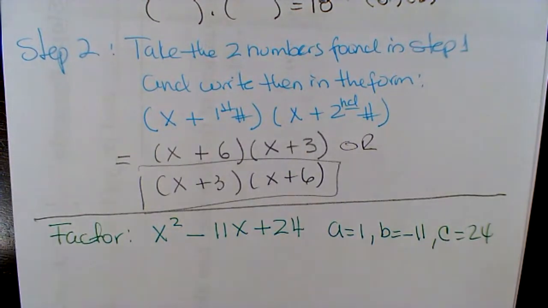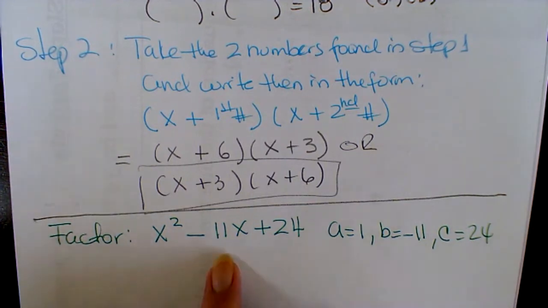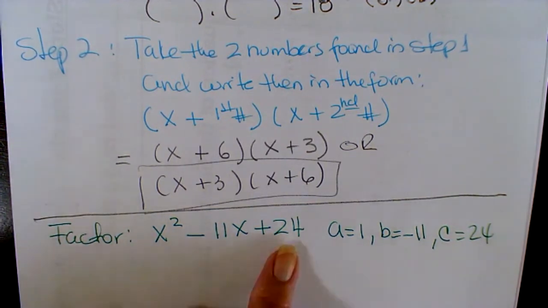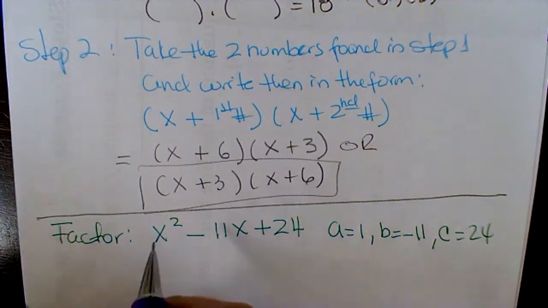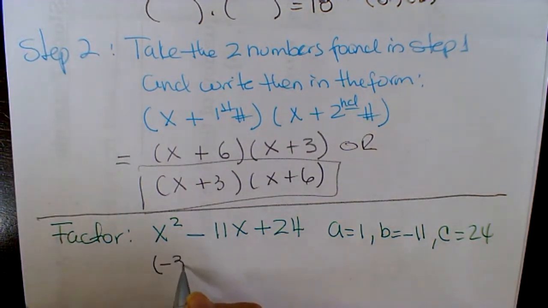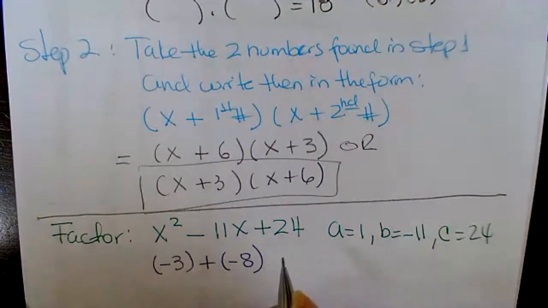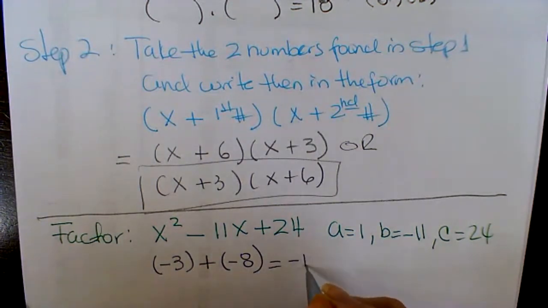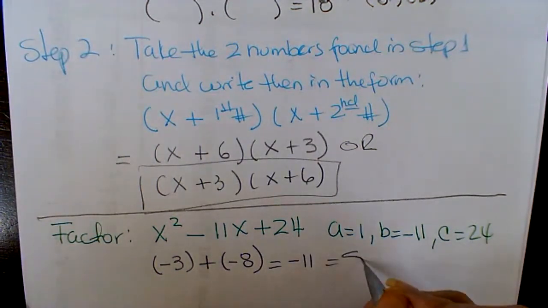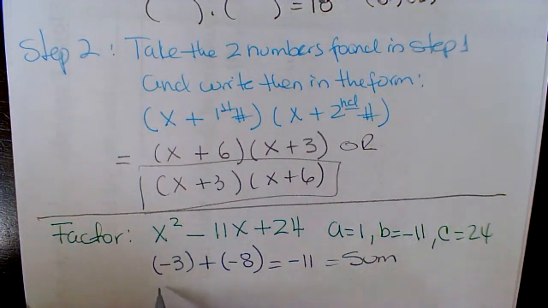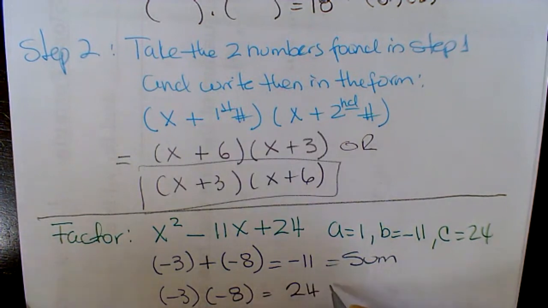So I need to find two numbers that when I add them, I get negative 11, and when I multiply them, I get 24. So that's going to be negative 3 plus negative 8. That will give me what? Negative 11, right? And this is the sum. And if I multiply the same numbers, what do I get? Positive 24.